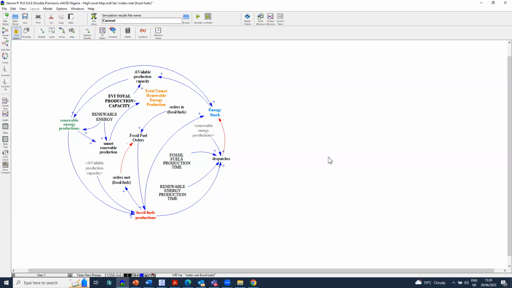So basically, what we have in this diagram, based on what Shari and Babajide mentioned earlier, is the renewable energy production here in green. We have the fossil fuel production in red. Fossil fuel will not produce unless it gets information about renewable energy.